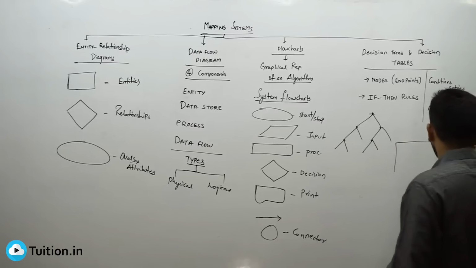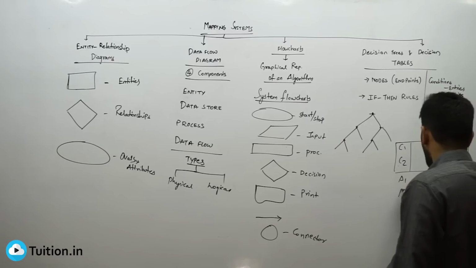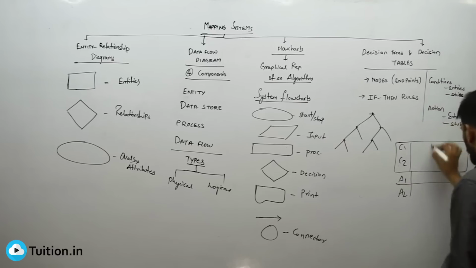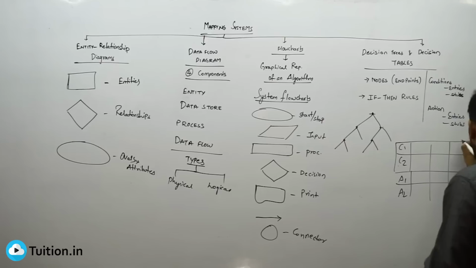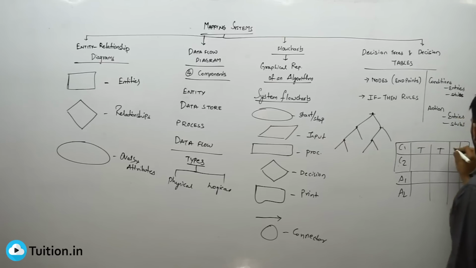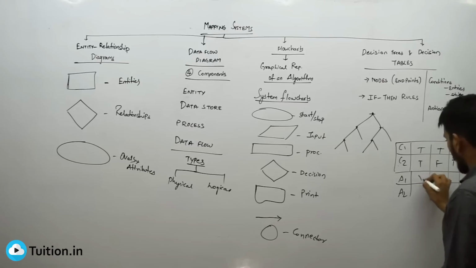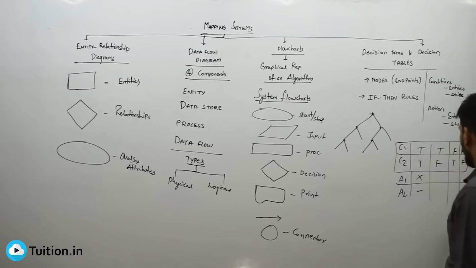Again, a decision table is formed like this: condition 1, condition 2, then we have action 1, action 2. Then it's taken as, if condition 1 is true, you have true, false and false, then it's taken as true, false, true and false. Then if condition 1 is proper, we will have the symbol of execute, and then there's nothing here, and then there is nothing here, but in this case you're executing this. So generally this is represented in the form of a table.